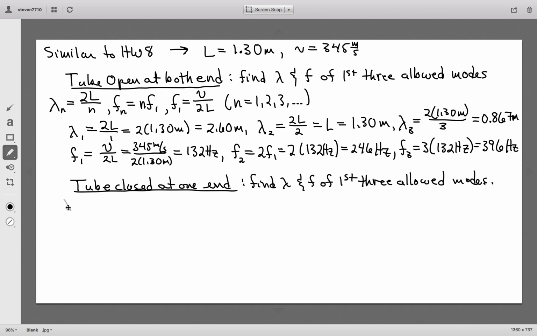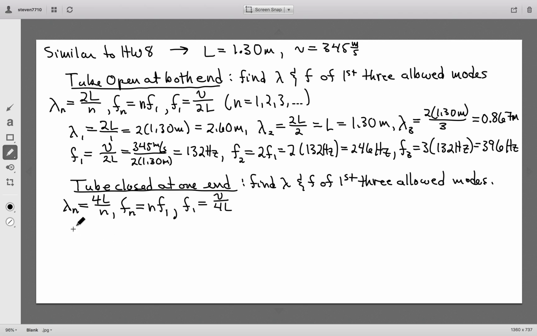Remember our equations. How are they different for a tube closed at only one end? Replace the 2 with a 4: 4L over n. The frequency, same idea. The frequency of the nth mode is the mode number n times the fundamental, where F1 is V over 4L.